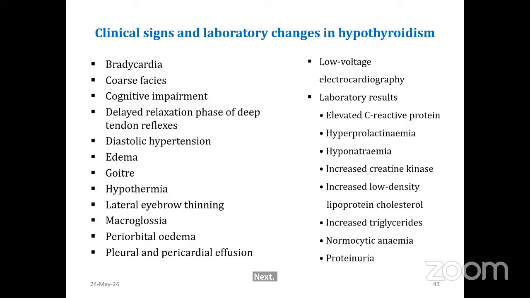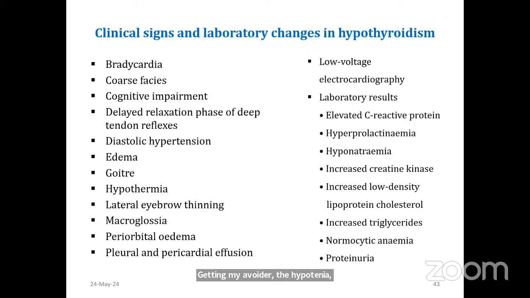Some clinical signs and laboratory changes seen in hypothyroidism are bradycardia, puffy face, cognitive impairment, delayed relaxation phase of the deep tendon reflexes, diastolic hypertension, edema, goiter, hypothermia, lateral eyebrow thinning, macroglossia, periorbital edema, and pleural and pericardial effusion.